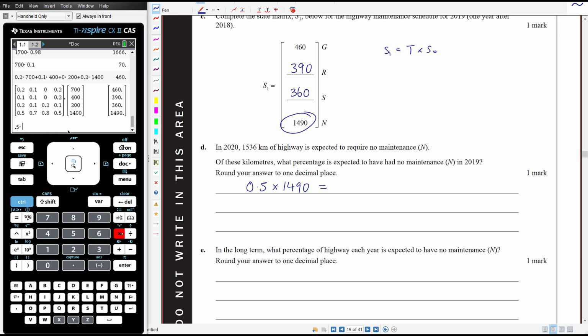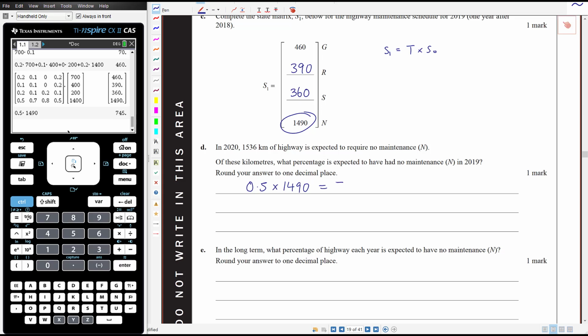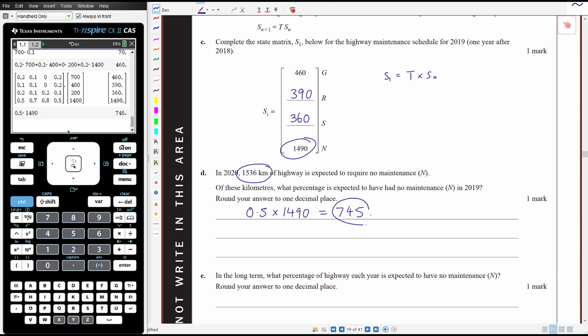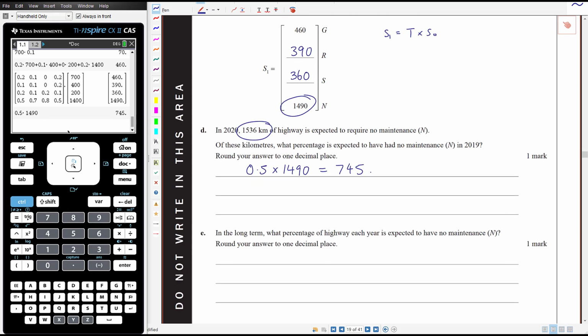So it's 0.5 times 1490, which is 745 kilometres. Of the 1536 kilometres that will need no maintenance in 2020, this many kilometres had no maintenance in 2019.